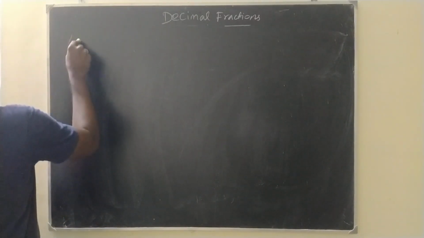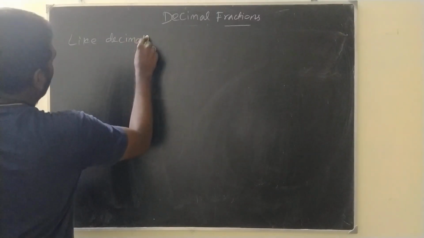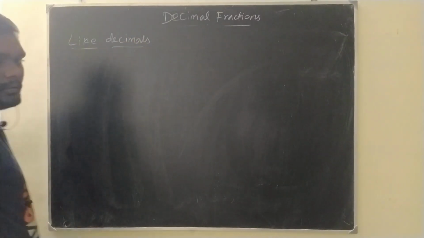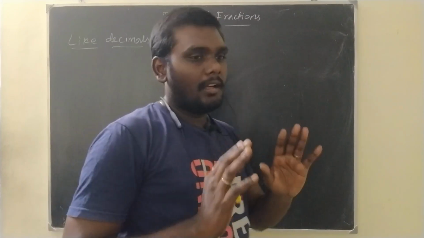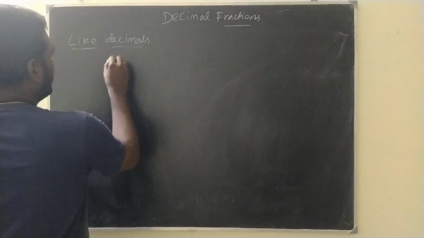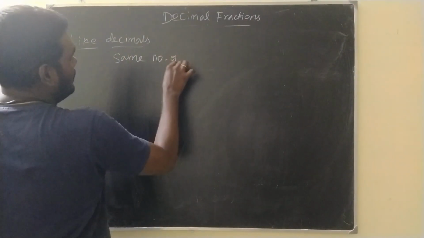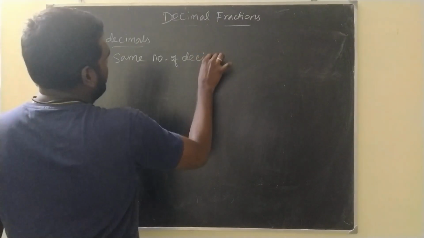See, the like decimals are having the same number of decimal places. Not the same decimal parts, but the same number of decimal places.